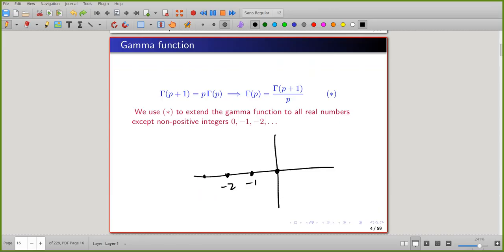But at all other points, we can define the value inductively. If I want to define the value at this point, then first define at this point. To define at this point, we define at this point. And over here, it is defined by the integral.